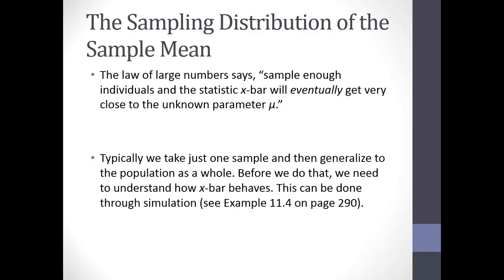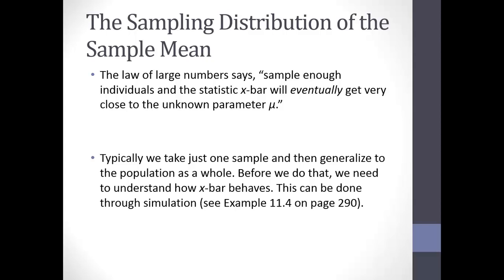Thinking about it another way, the law of large numbers says that if our sample size is big enough, then x bar will eventually get close to the unknown value of the population parameter mu. Typically we just take one sample, right? We don't actually take more and more people in our sample and hope it gets closer and closer. Typically we just have a simple random sample of 100 or 30 or 86, so in practice we can't keep sampling more and more people until we get closer.